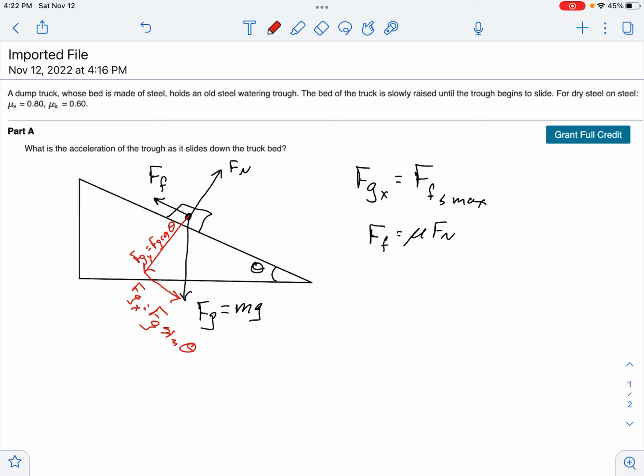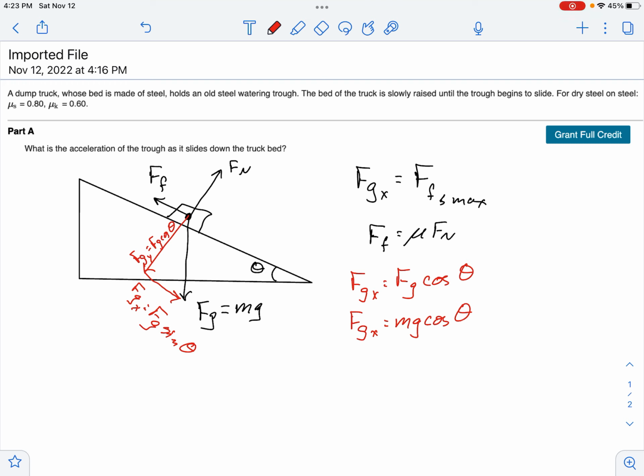Now we can start filling in some of our missing stuff. Fg, as we know, is equal to mg.